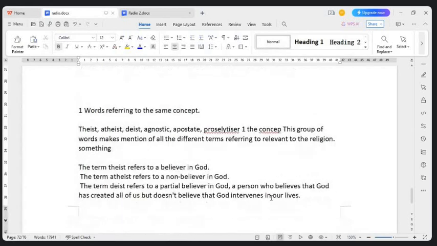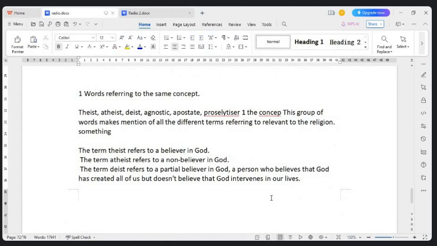Now, moving on, words that refer to the same concept: theist, atheist, deist, agnostic, apostate, proselytizer, and more. This is a group of many different terms referring to something relevant to religion. For example, the term theist refers to a person who is a believer in God.